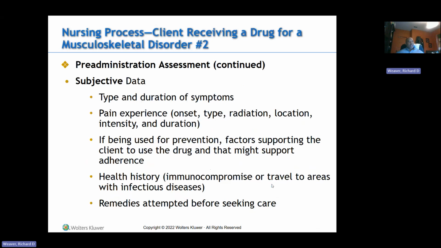Health history, immunocompromise, or travel to areas with infectious diseases. Remember, these patients who are on DMARDs are immune compromised, right? It's no different than a person who's on a steroid or any of the other immunosuppressant drugs if they have an organ transplant. These patients also are in a similar circumstance.